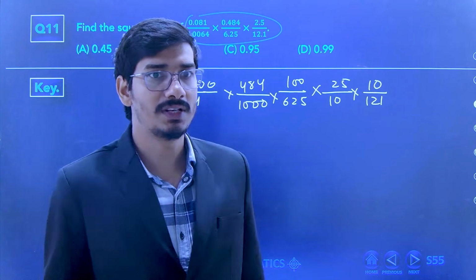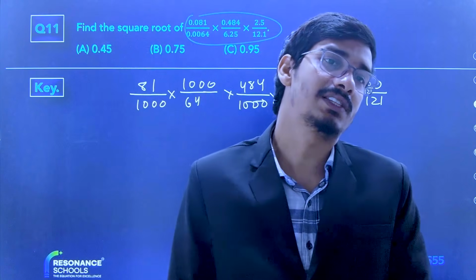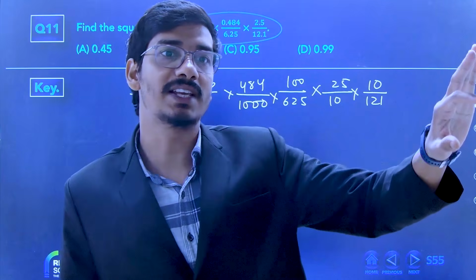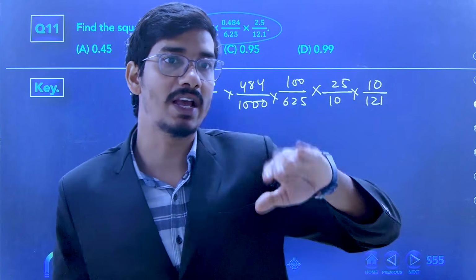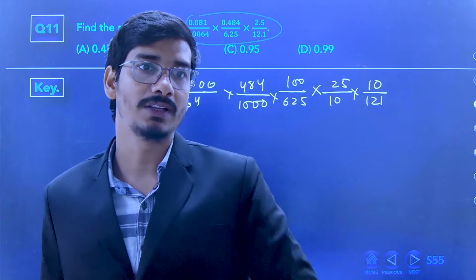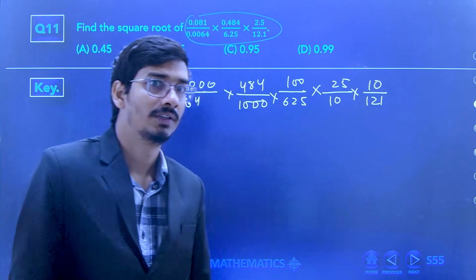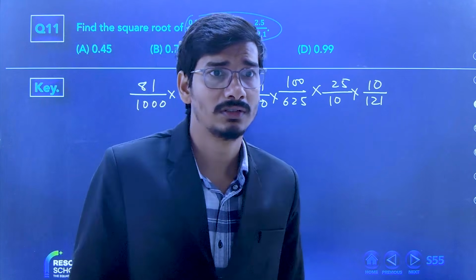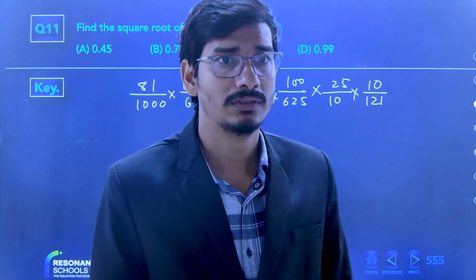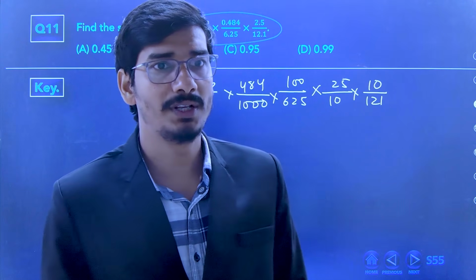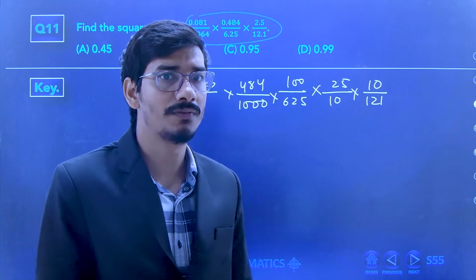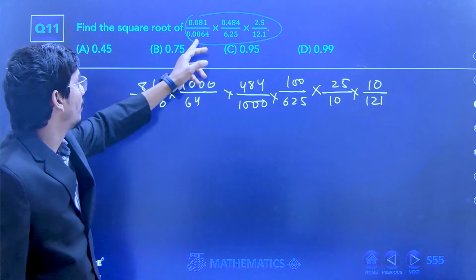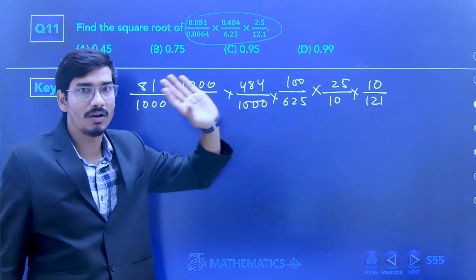Is this clear to everyone, yes or no? I am just removing the decimal and putting the number of zeros as the decimal places. 3, 30, 4, 40. Same way in all the cases.